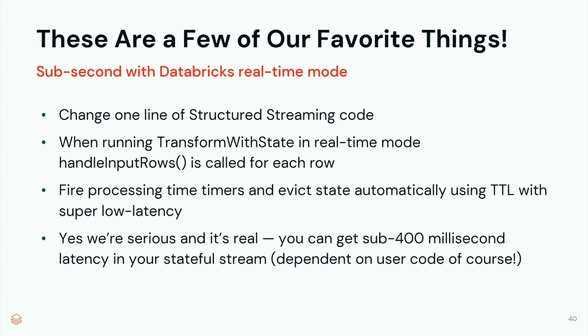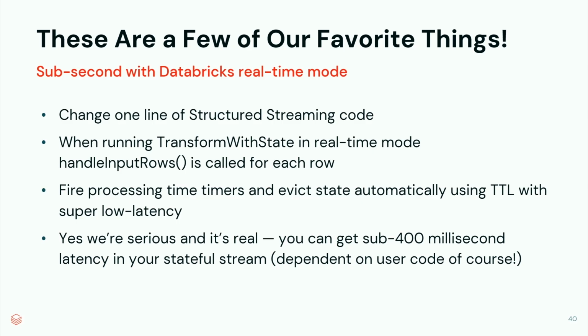And if you folks want to go even lower, with ultra low latency, where the end-to-end latency for records that we're seeing is in the range of 100 to 200 milliseconds, or even lower than that in some cases, with Spark we are now introducing real-time mode, and real-time mode will work along with TransformWithState, and you can define all of your stateful logic as you need.